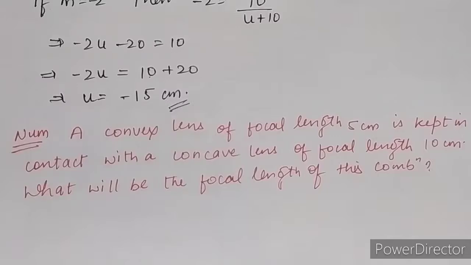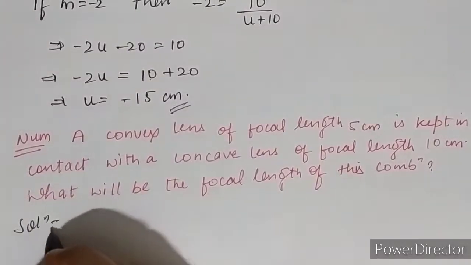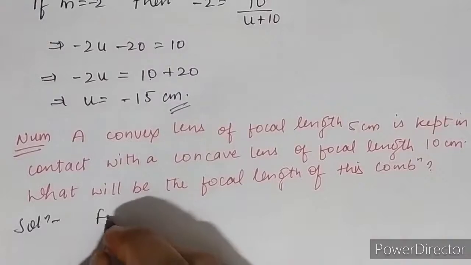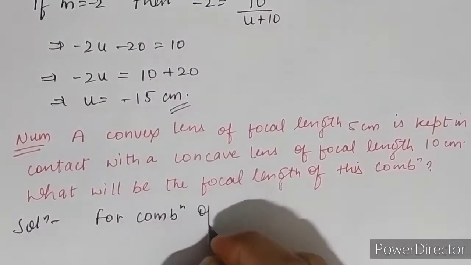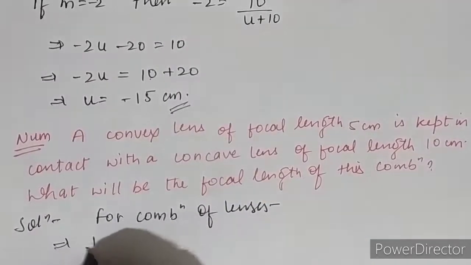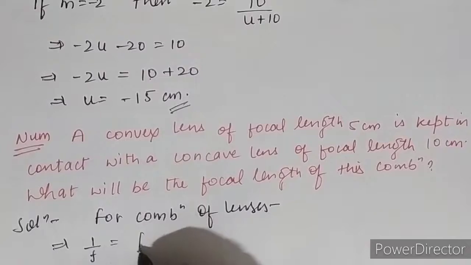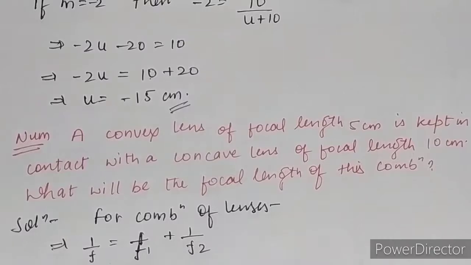So always remember, for the combination of the lenses, the focal lengths add up. So the formula for the combination of lenses is 1 upon f is equal to 1 upon f1 plus 1 upon f2.